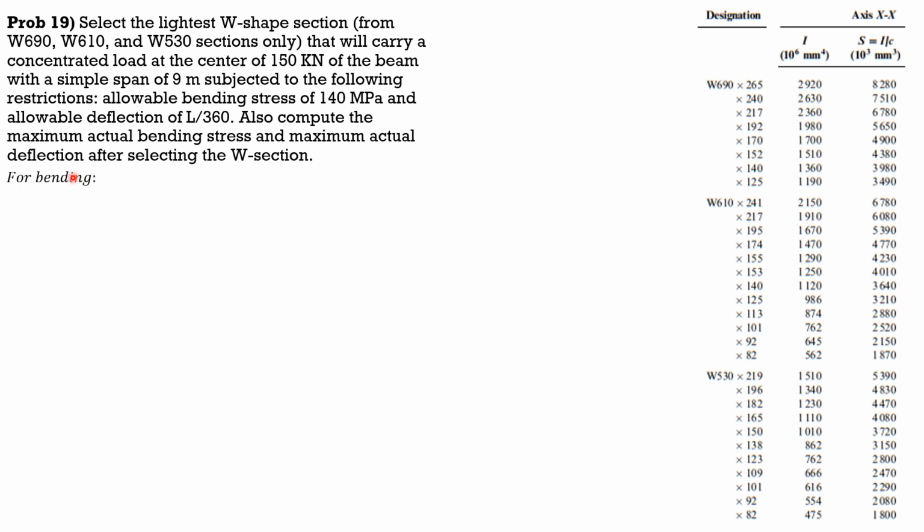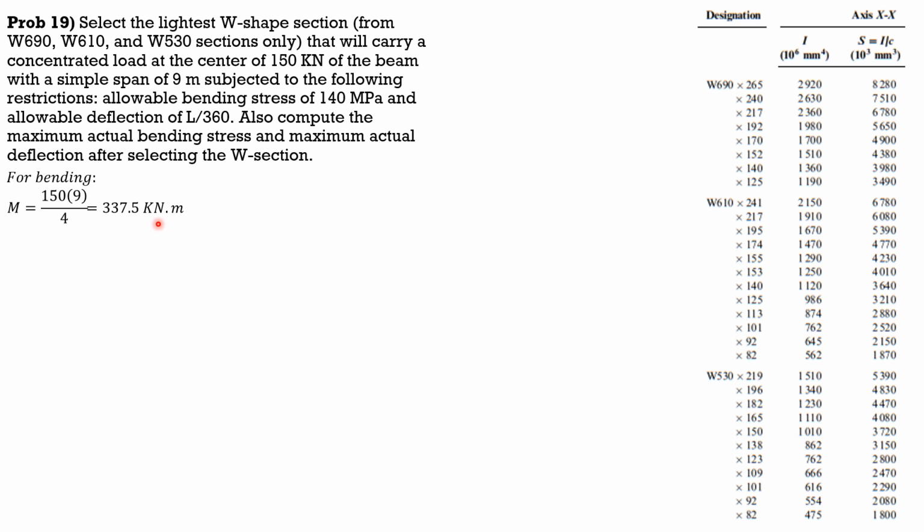For bending, assuming bending controls, with allowable bending stress 140, bending stress is moment over section modulus. The maximum moment is PL over 4, P 150, length 9 over 4. PL over 4 is the maximum moment when the beam is loaded with a concentrated load at center. So it is 337.5 kilonewton meter.